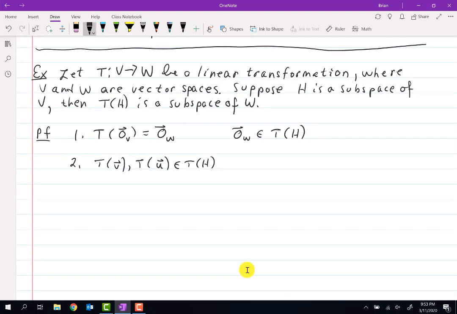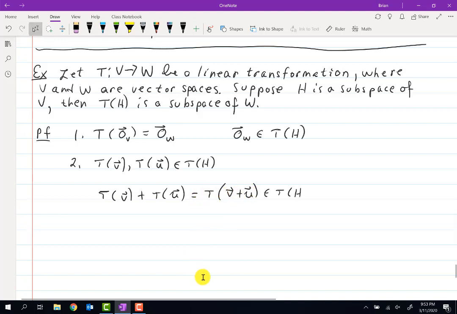Then T of V plus T of U equals, according to the rules of linear transformations, that equals this. Well, immediately that is in, see, V plus U is in H. So this item here is in T of H. Let me help you out a little bit here.